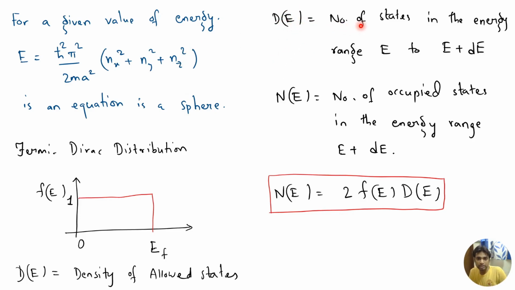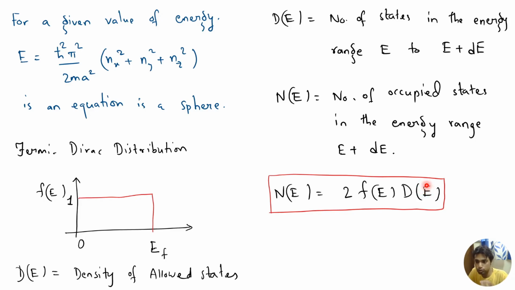So D of E is the number of states in the energy range from E to E plus dE, and N of E is another function we are defining, which tells you the number of occupied states in the energy range E to E plus dE. So how do you get the occupied states? You find the number of states per unit energy range, that is the availability.